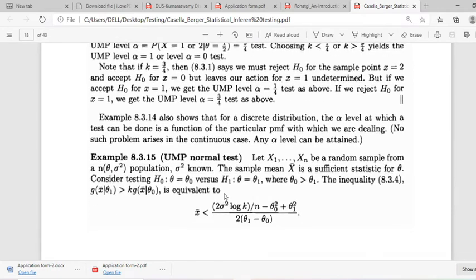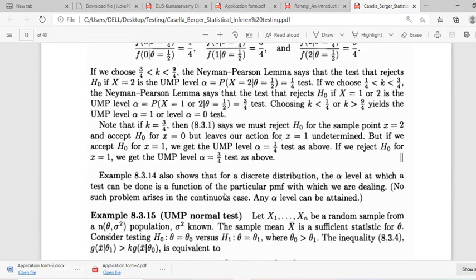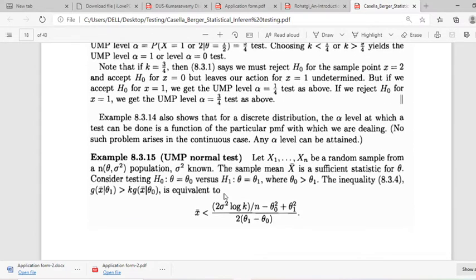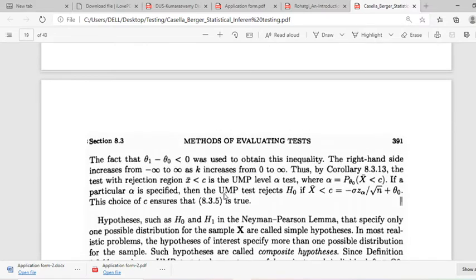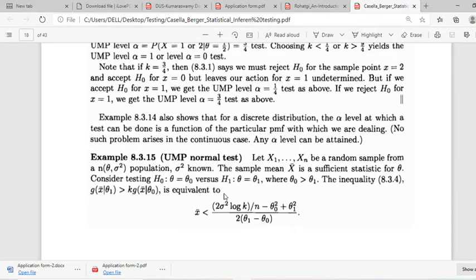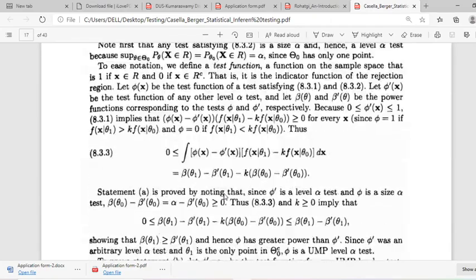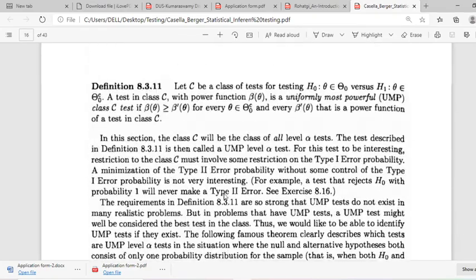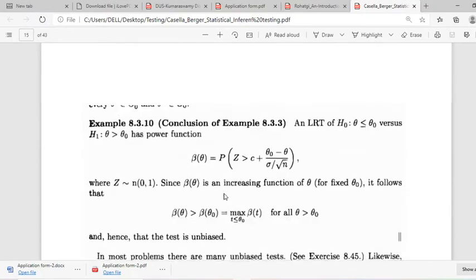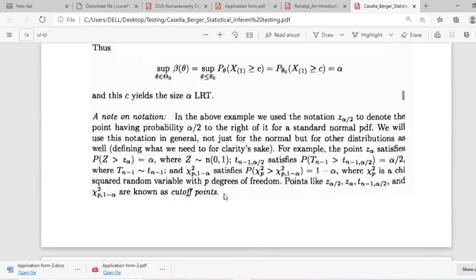another is uniformly most powerful normal test. Yeah, we are considering normal test. So I think it is a continuation of the earlier problem. Okay, I think we have obtained the density in some problem.